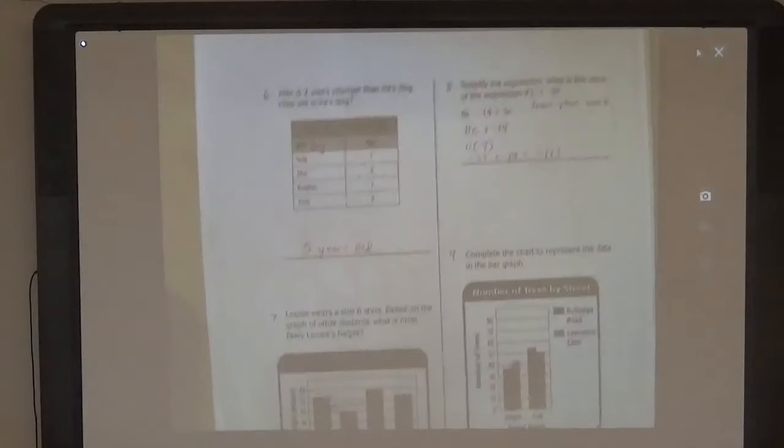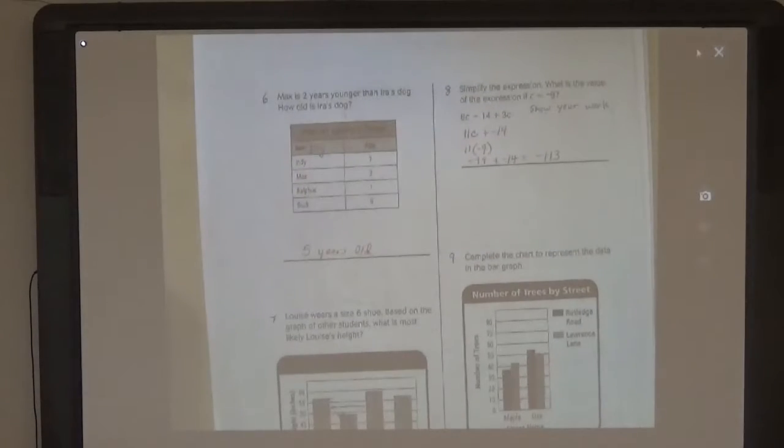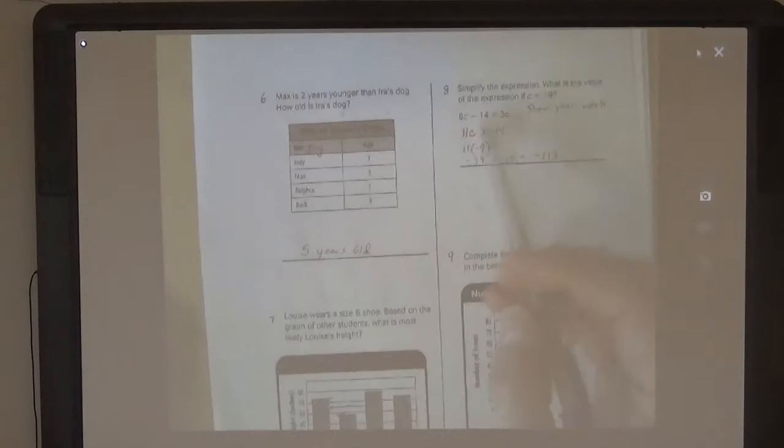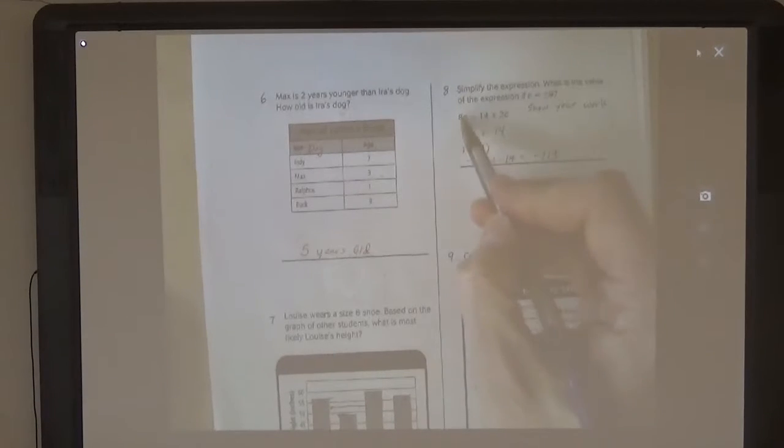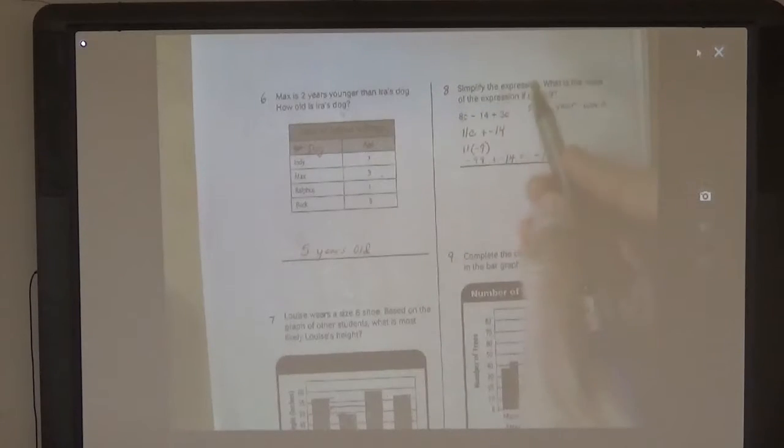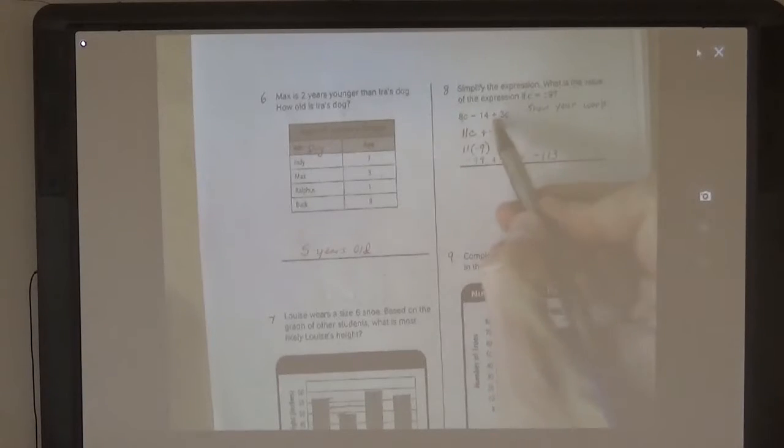Number 8. Now, in this one we have to put a number in, but it says we can simplify the expression first. Do you remember when we talked about simplifying expressions? 8 C's plus 3 C's. Can we add those together?